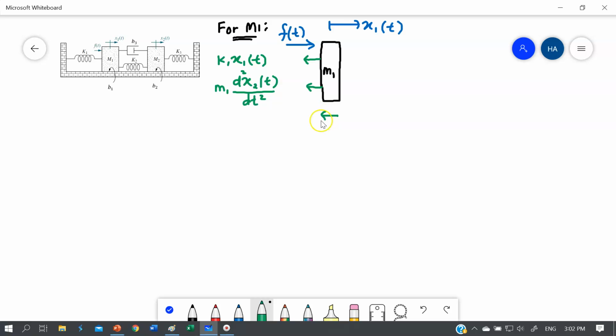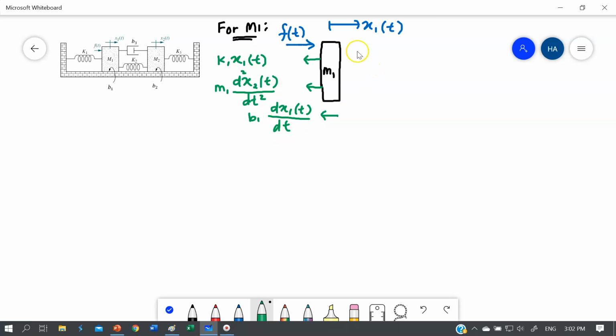Next one we have due to the friction B1, which is equivalent to B1 multiplied by displacement.